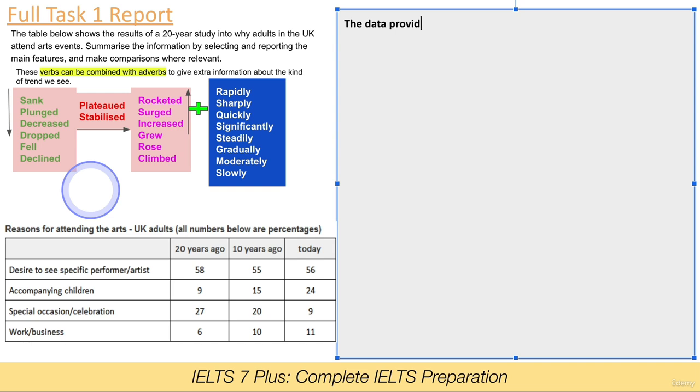The data provided, maybe illustrates instead of shows, the outcomes of research that spanned. It's hard to paraphrase 20 years, but we can write 20 years.